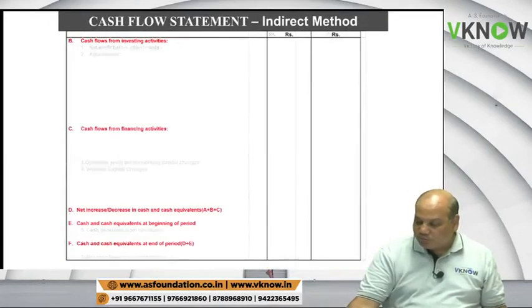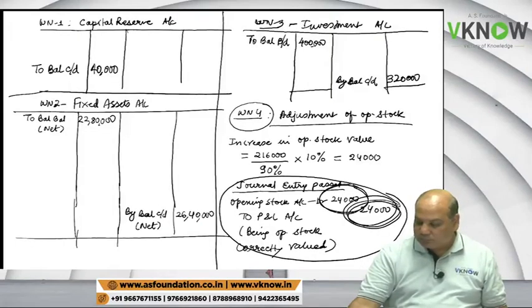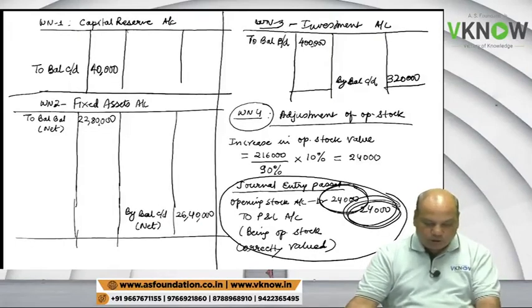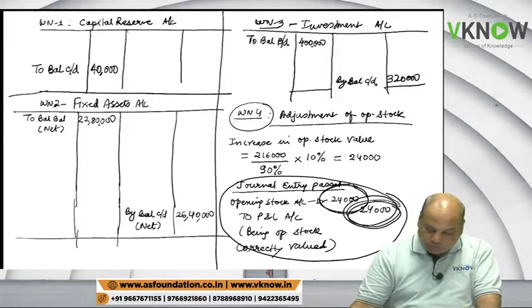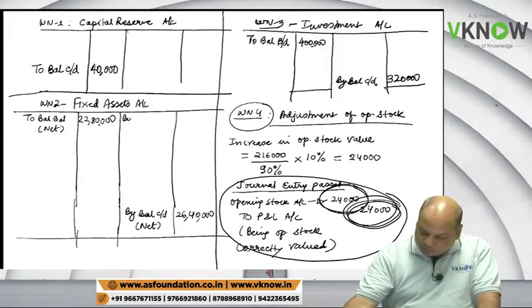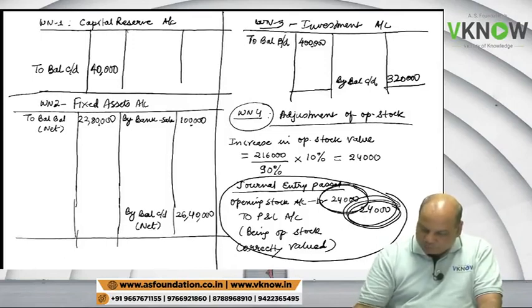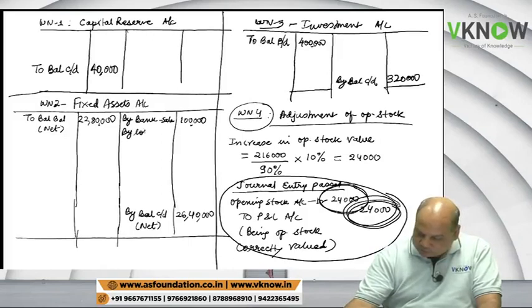So we'll come to fixed asset account, working note 2. You will write by bank, sale value 1 lakh. And then you will write by loss on sale of asset.